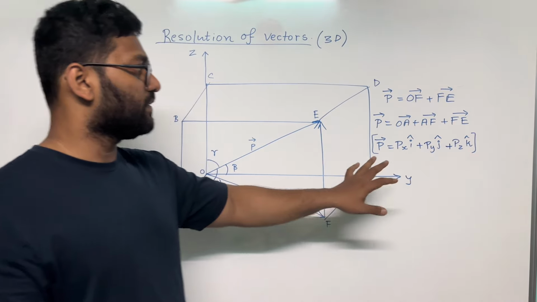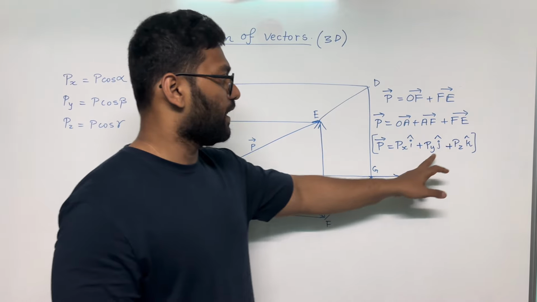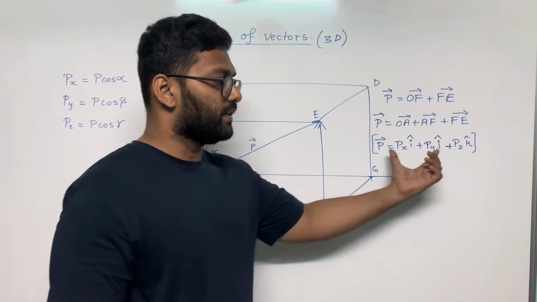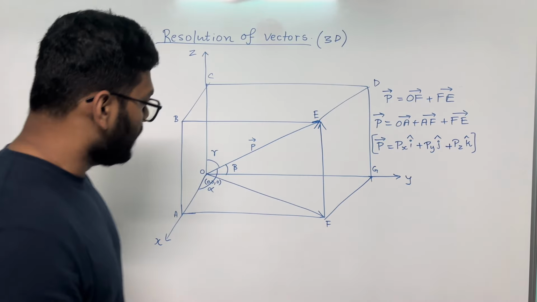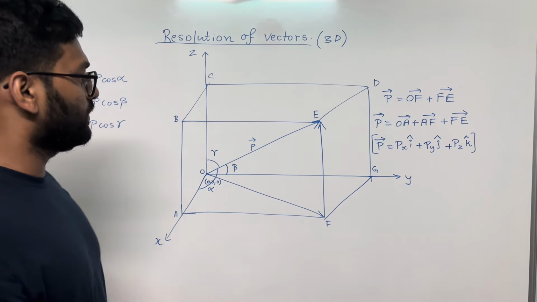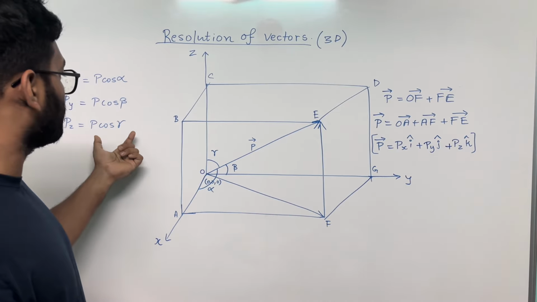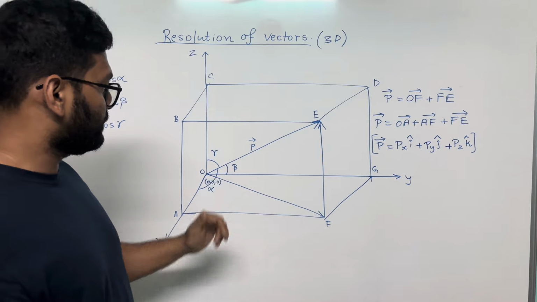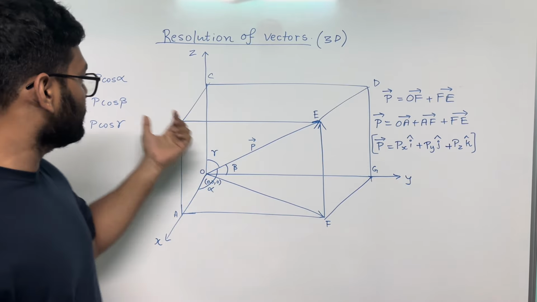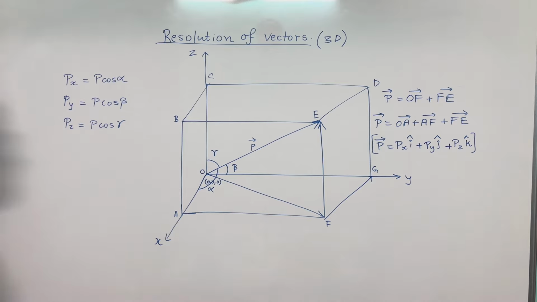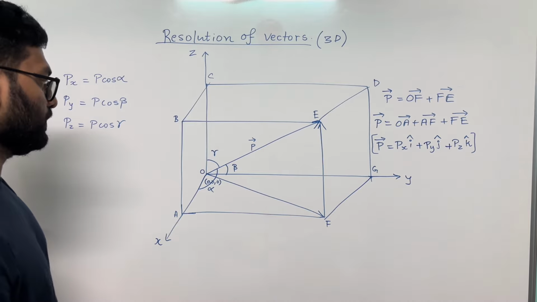Any vector in three dimensions can be written in terms of i cap, j cap, and k cap. So this is the resolution of vector in three dimensions. These cosines, cos alpha, cos beta, cos gamma, are called direction cosines of the vector.